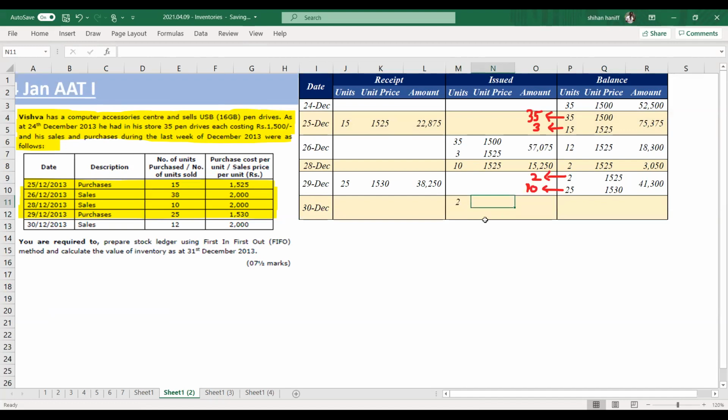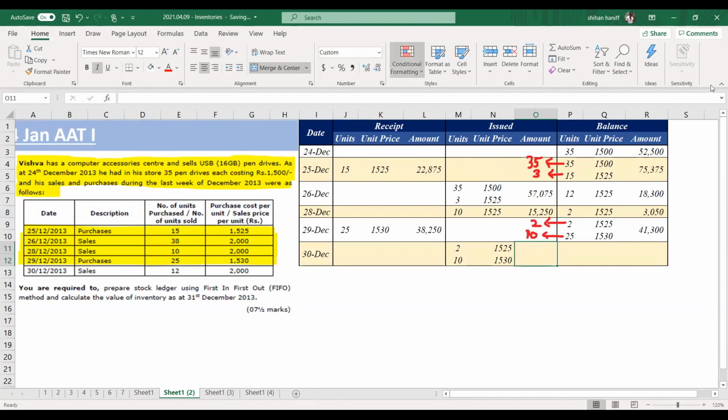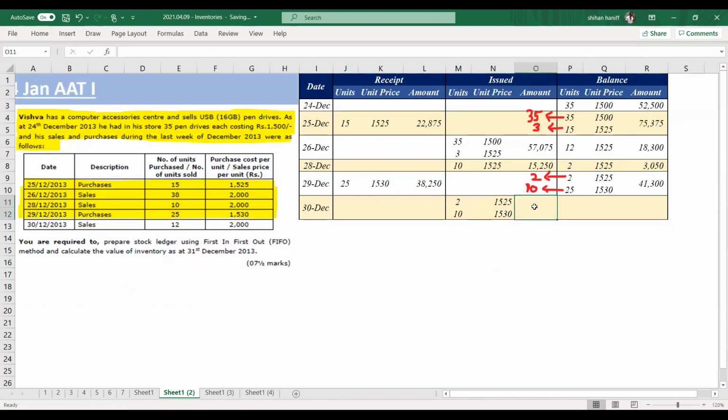So 2 units from 1525, 10 units from 1530. In the answer, 2 into 1525, 10 into 1530.